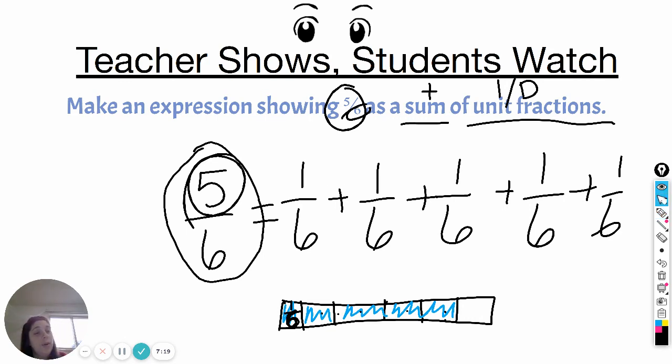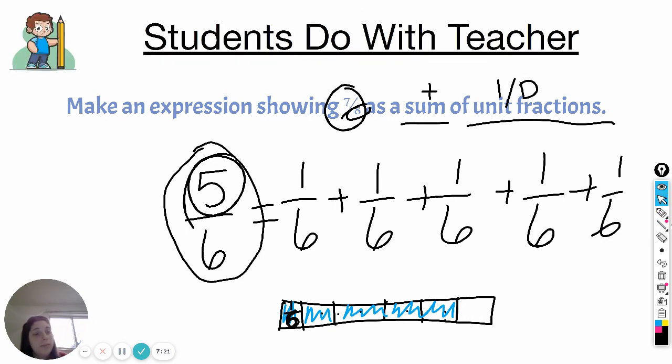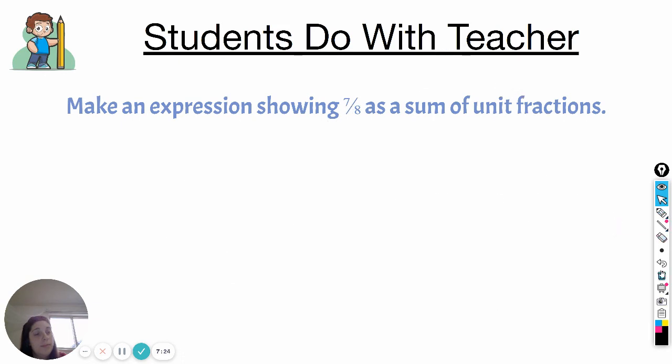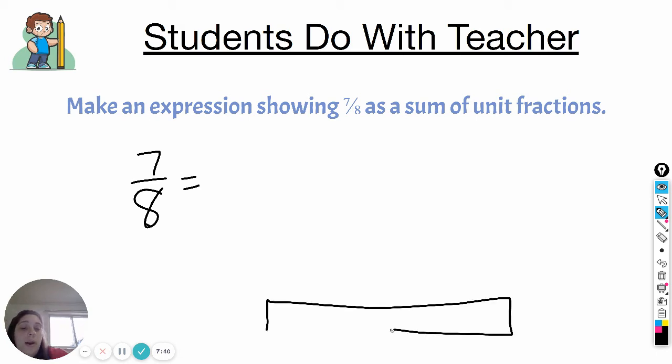Okay, let's have you do one with me. Make an expression showing 7/8 as a sum of unit fractions. So we have 7/8 equals. You can grab out your fraction strip that's broken into 8ths.